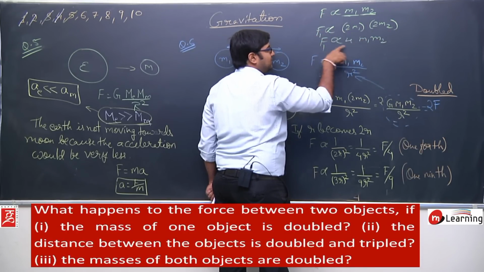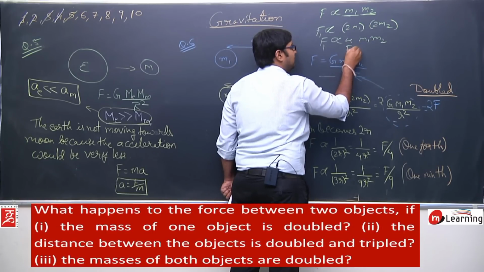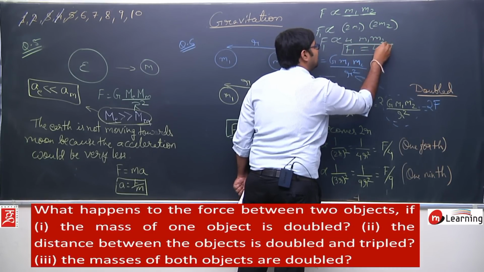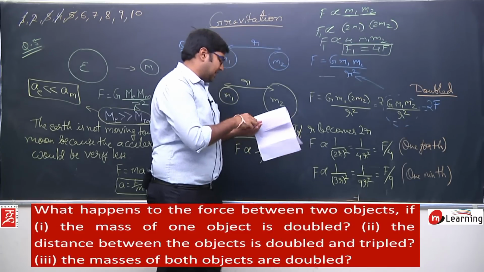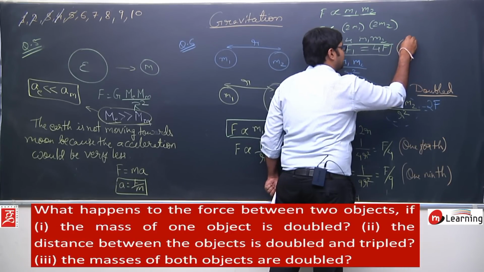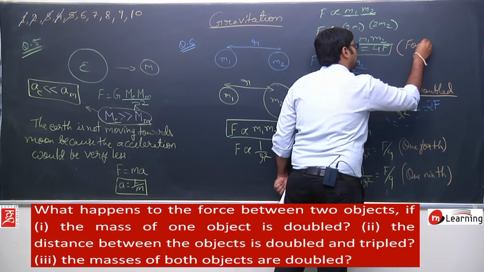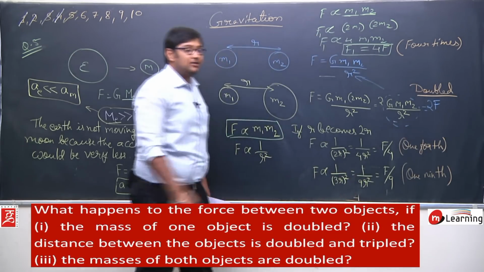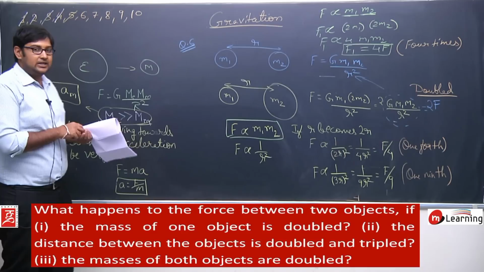Let us call this new force F1. So F1 will become 4 times F, because the other things are constant. So when the masses of both the objects are doubled, the force will become 4 times.